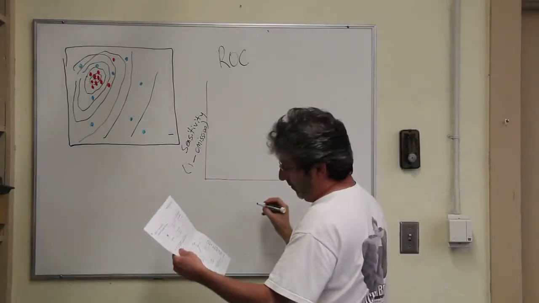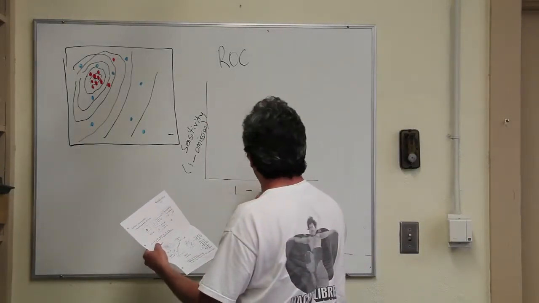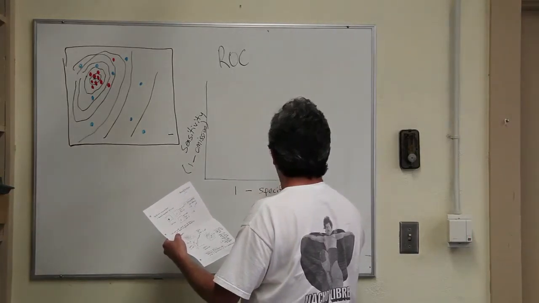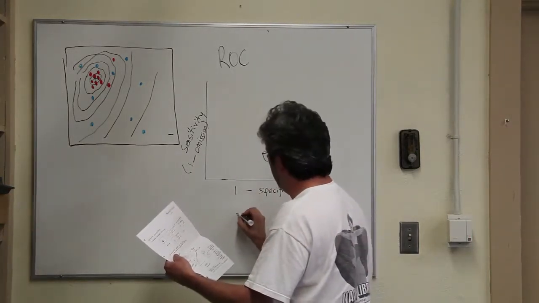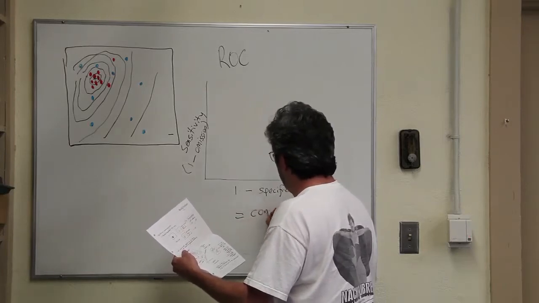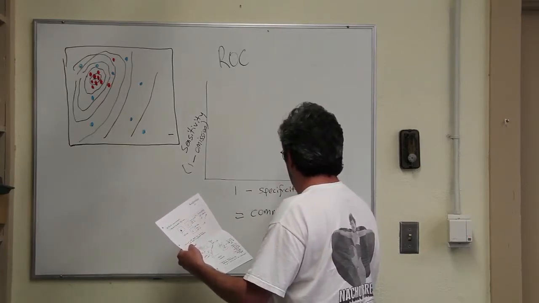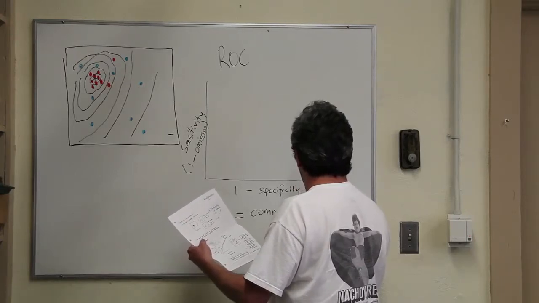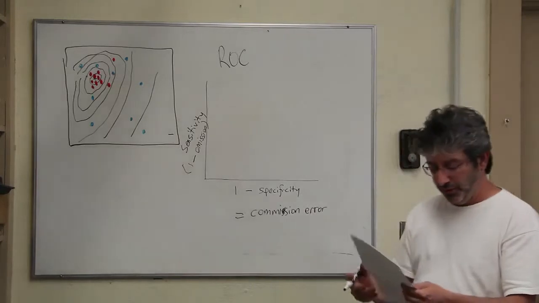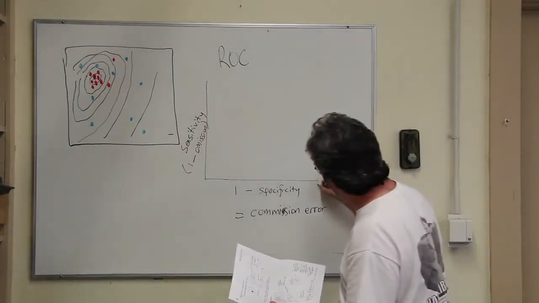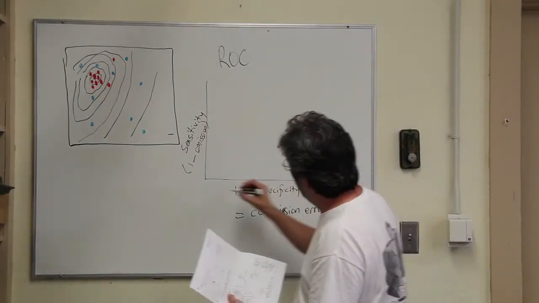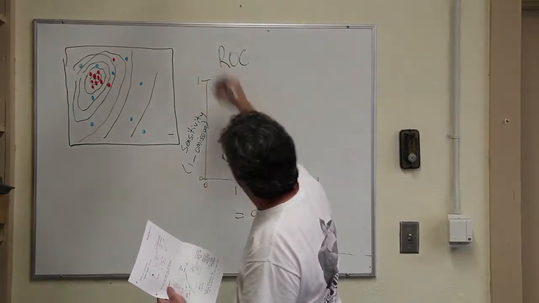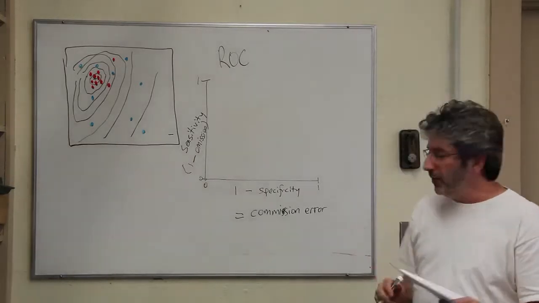And so it's graphing sensitivity against 1 minus specificity. And guess what? 1 minus specificity is equal to the commission error rate that we just discussed also. So these are familiar quantities to you. Both of them go from 0 to 1. And that's actually a very important point.